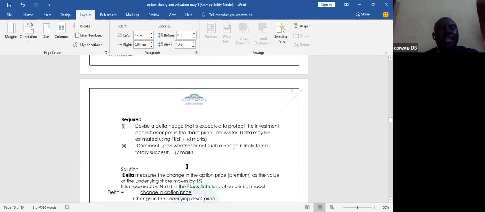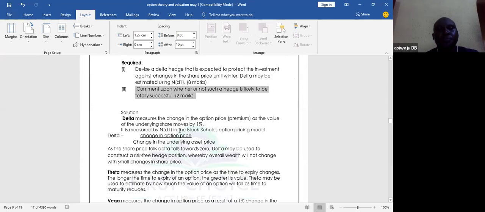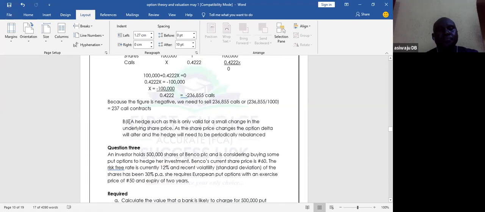Let me look at any other part. Okay, look at this place. Comment upon whether or not such a hedge is likely to be totally successful. 2 marks. That is, is this hedge computed likely to be totally successful? Let me go to it quickly. Look at the comments.